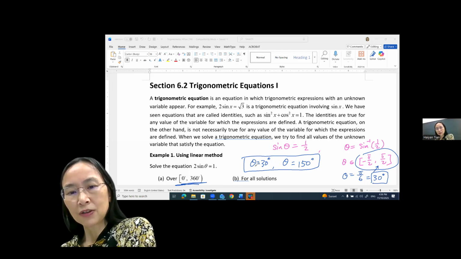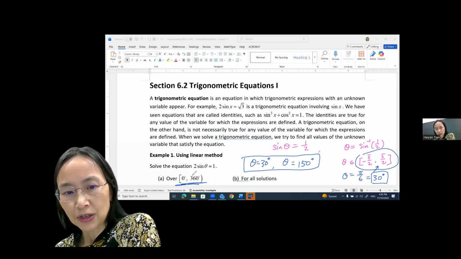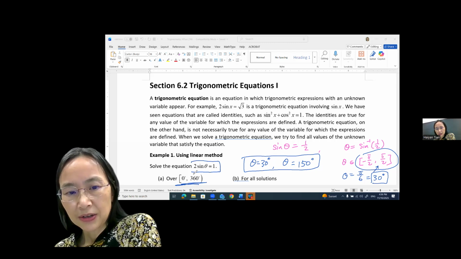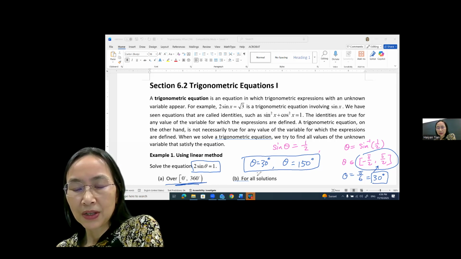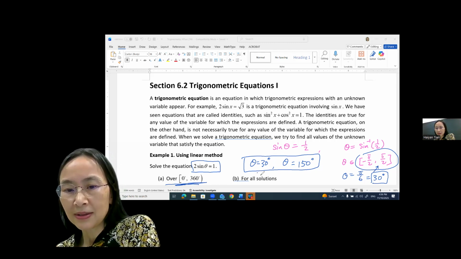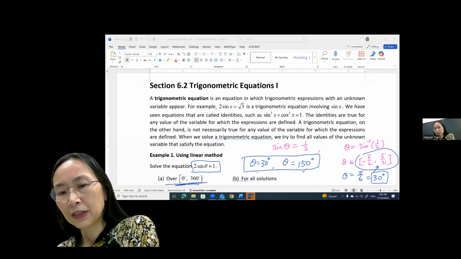So we have found two possible solutions for this equation in this interval. We have answered the first question: theta is either 30 degrees or 150 degrees.